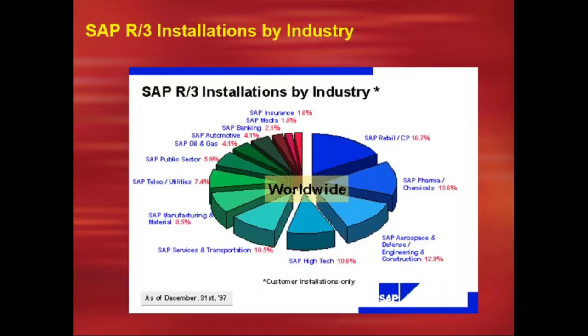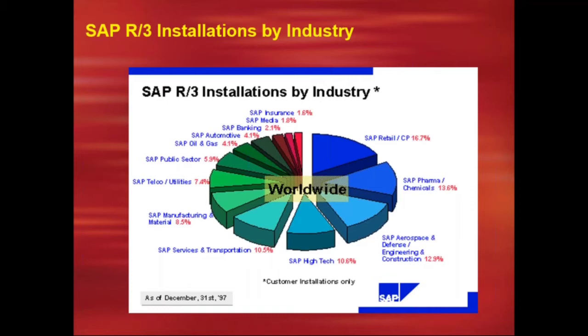And this is the installation of SAP by industry. So there is no industry in the market where SAP will not support, guys. You cannot point out that the SAP ERP product is not fit for this industry. No other ERP product will support like this, with all the technical functionalities.